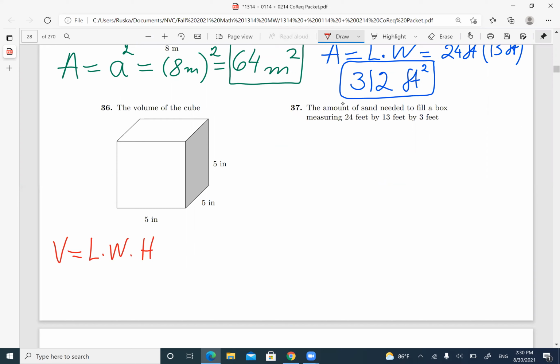Now, in this case, it's a cube, so all the sides are the same. So I'm just going to put a cube because it's the same number. Okay. And in this case, I'm going to have 5 inches as the side, and I need to cube it. So it's going to be 5 times 5 is 25 multiplied by 5. It's going to be 125. What is the unit now?